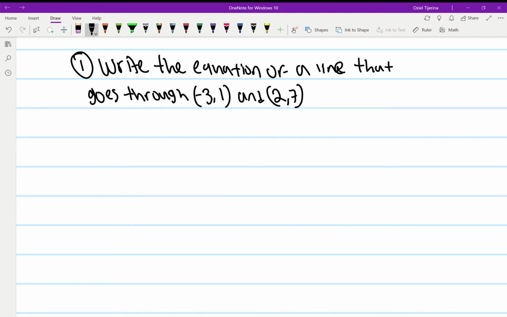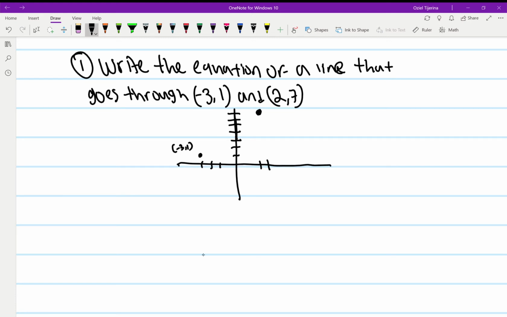So here we have (-3, 1) and (2, 7). If we make a rough sketch of how that would look, we would do 1, 2, 3 over here, and then 1. So here's our (-3, 1), and over here we have (2, 7), right?